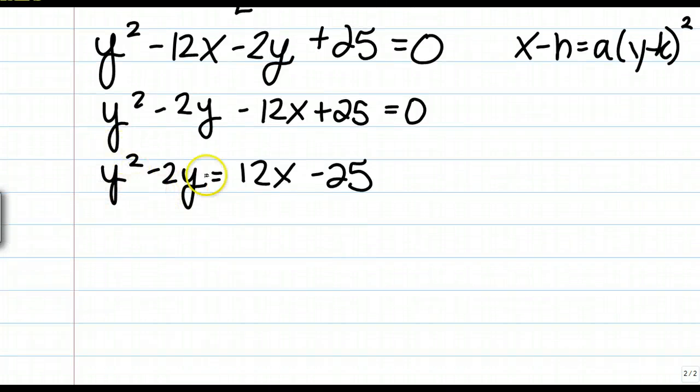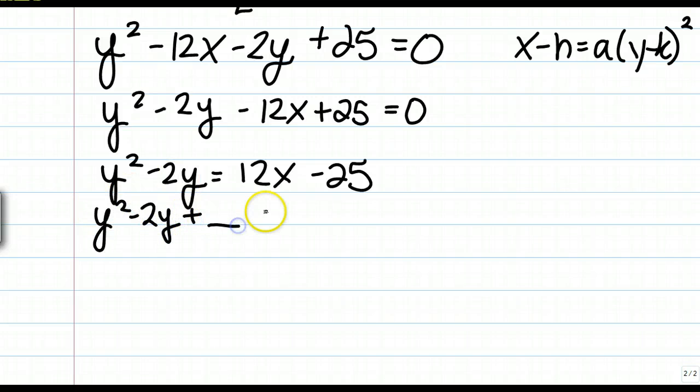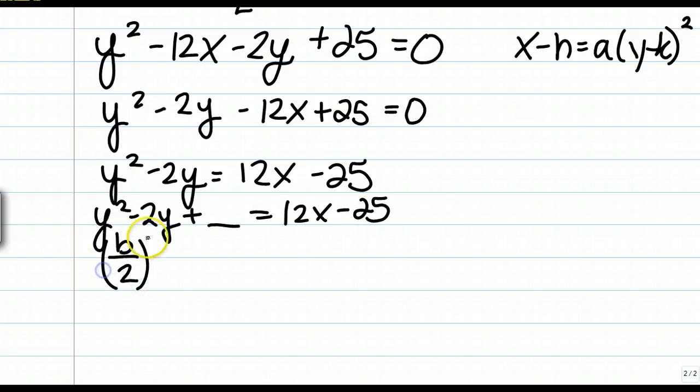And then we're going to complete the square here, so we have y squared minus 2y plus something equals 12x minus 25. So we're going to do the b over 2 squared. So I have negative 2 over 2 squared is negative 1 squared, which is 1.